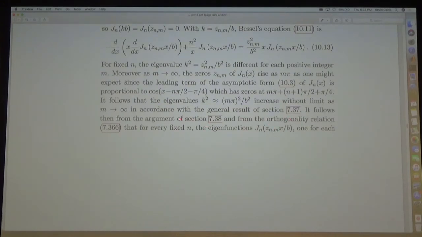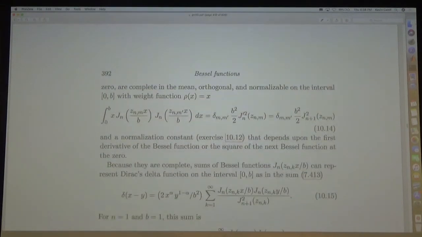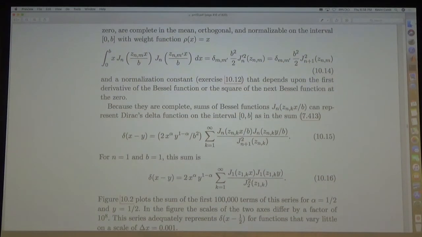So then these eigenfunctions, one for each zero, are complete in the mean, or orthogonal and normalizable, on the interval 0 to b.